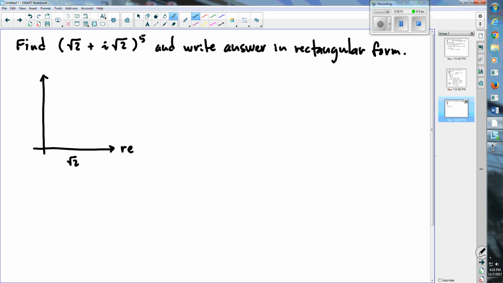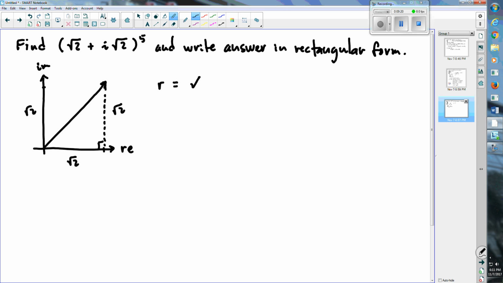And on the vertical axis, the imaginary axis, it also has a length of √2. So if we put a dot out there and draw a position vector to that dot, we make a right triangle. Each of the legs of the triangle has length √2, and we should know what this is going to be already, but we'll go through the routine here.